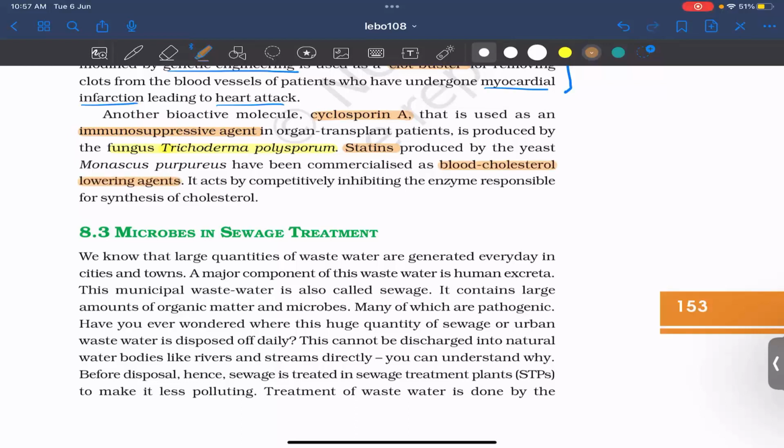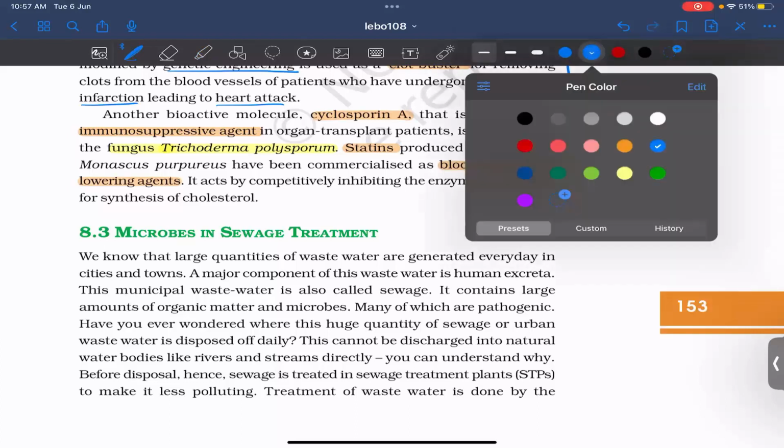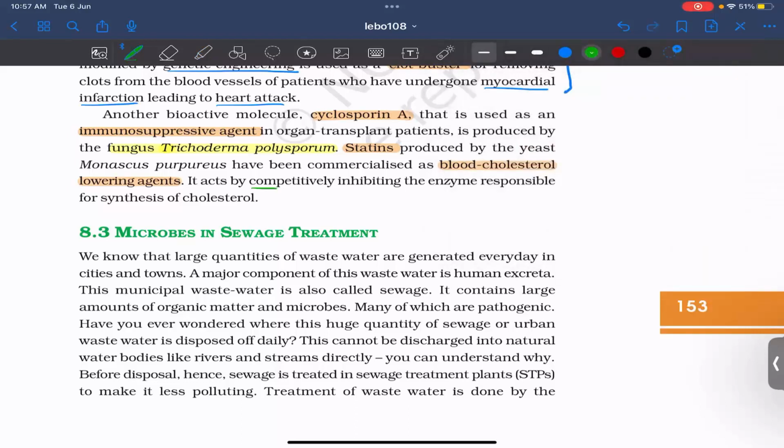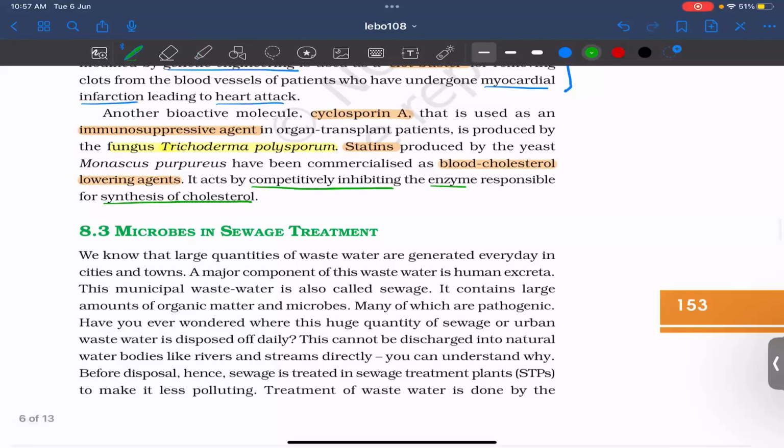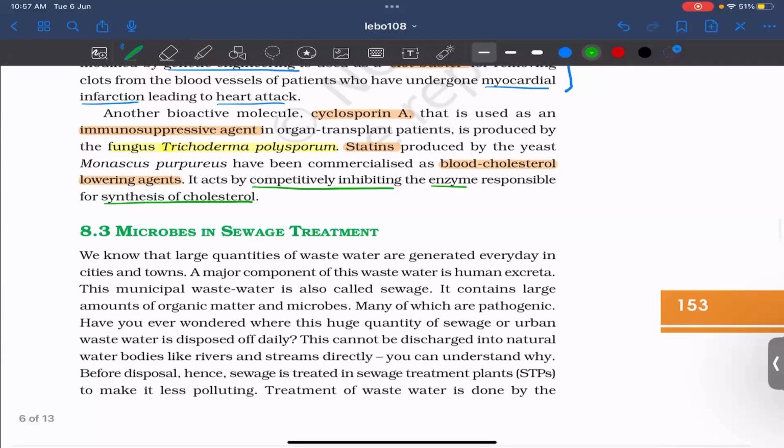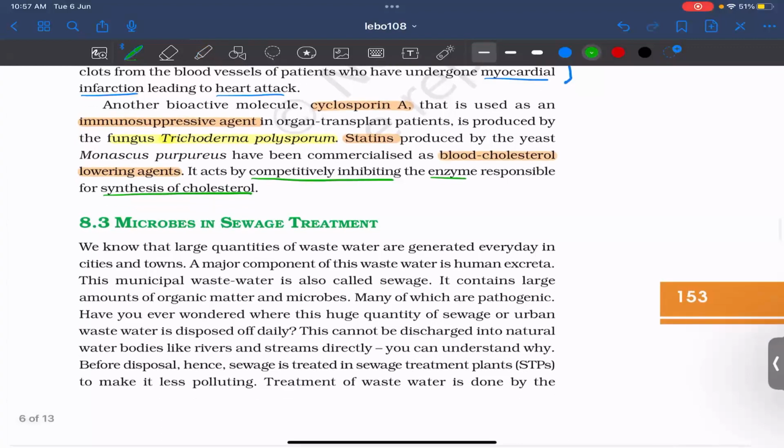How do they act? They act by competitively inhibiting the enzyme responsible for the synthesis of cholesterol. Hence, they lower the body cholesterol levels. When there is dysregulation of the lipid levels in the body, statins are given, and they are usually given during the night, as that is the time when most of the cholesterol synthesis takes place.